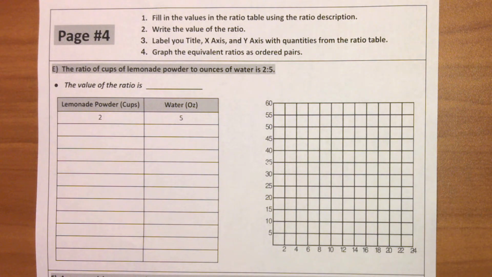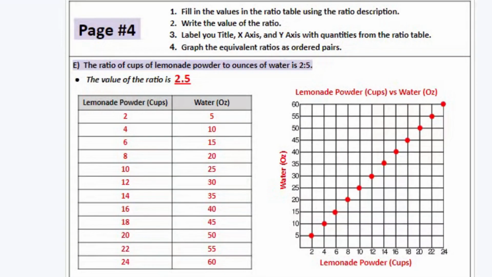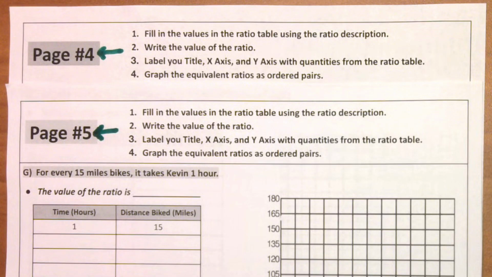What I want you to do is complete problem E, pause the video, and then come back. Check your work for problem E, fix any errors. Complete the rest of page 4 and page 5, then come back to the video.